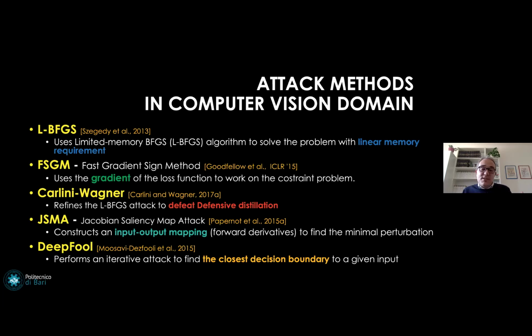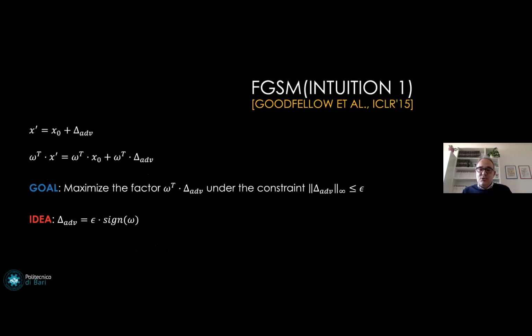And then we have this very strong attack, which is the Carlini-Wagner, which extends somehow the first one and is also able to defeat defensive distillation, which is something that we are going to see. And then we have these other two attacks, which are JSMA and the DeepFool attack. But they are just some of the attacks that we can find in the literature.